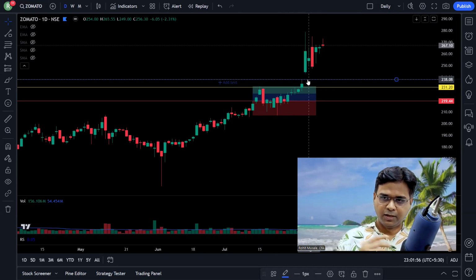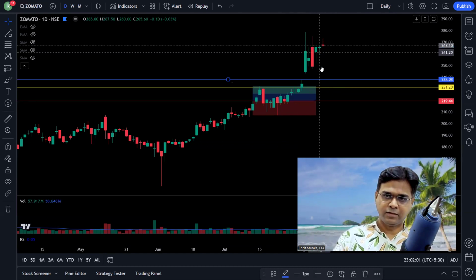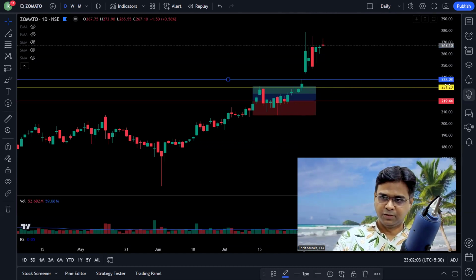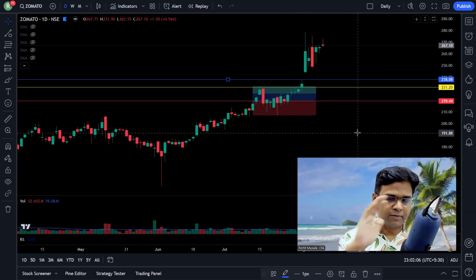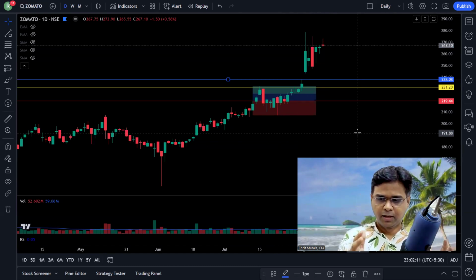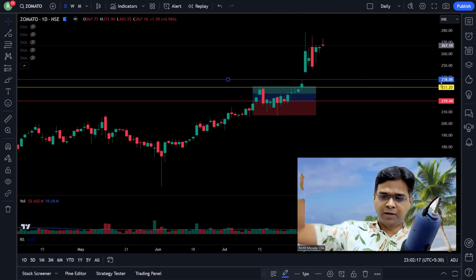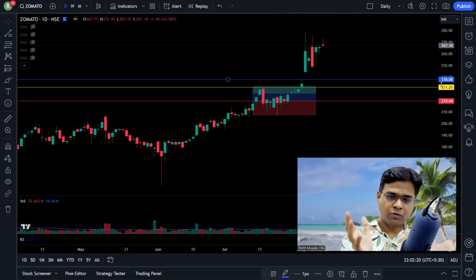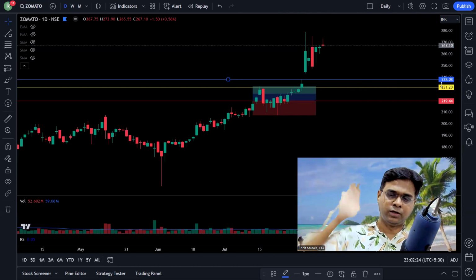So if I keep my mental stop loss here, and if I take a decision that unless the stock closes below this level, which is like 238, unless the stock closes below 238, I will never sell the stock. If I take that decision now, okay, there could be a chance that the stock might never see the 238 level in its entire lifetime. So this stock could really become an asset for me if it continues to remain above that 238 level.